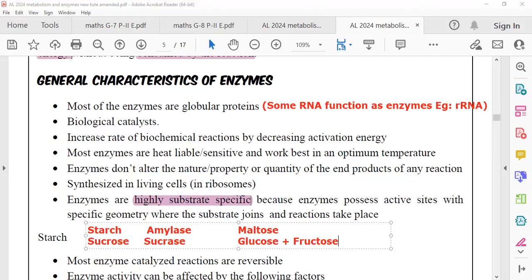My point is this: you change the enzyme, you put the amylase to sucrose solution. Will sucrose turning into glucose and fructose speed up? No, it will not speed up.